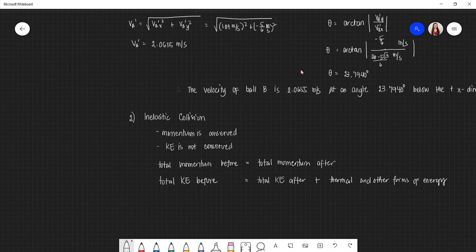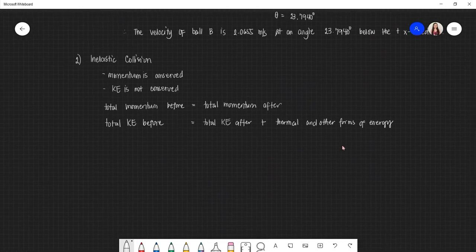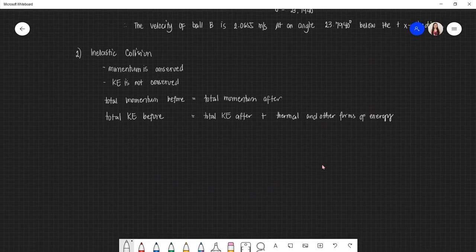So, for example, we solved the railroad track problem in the discussion, and they were stuck together after the collision. By the way, that is a special case of an inelastic collision called a perfectly inelastic collision.